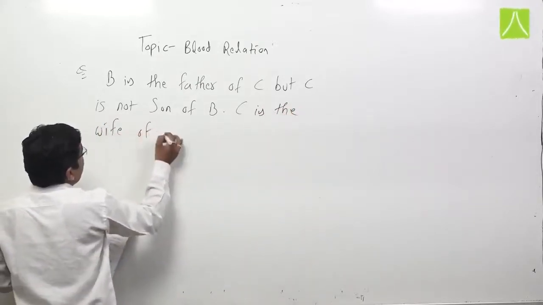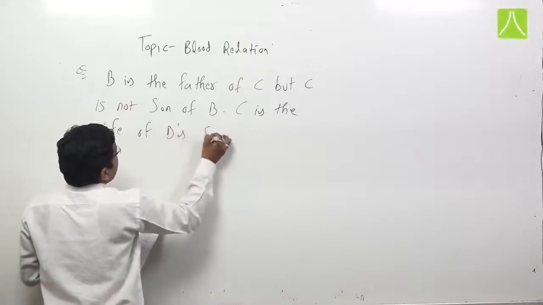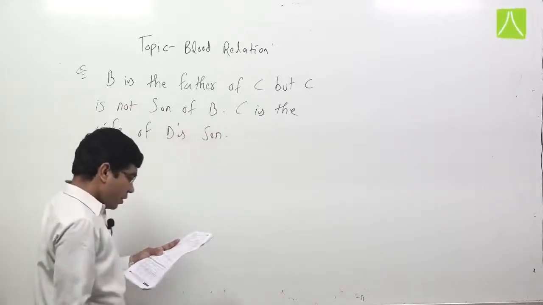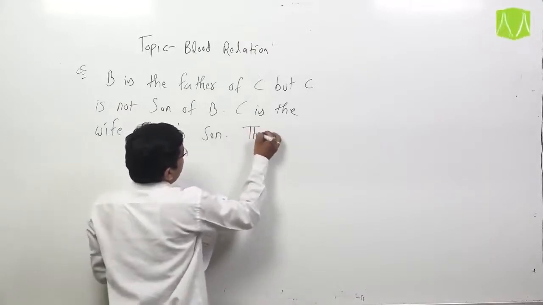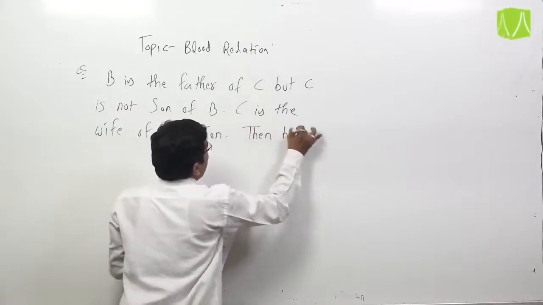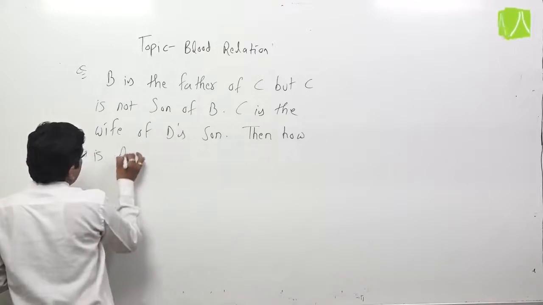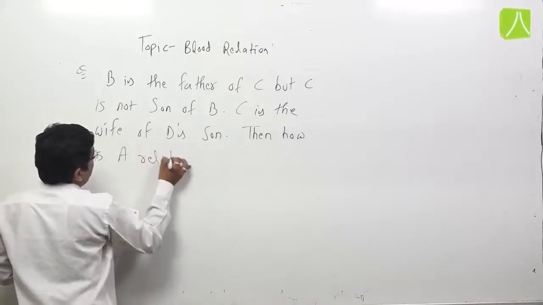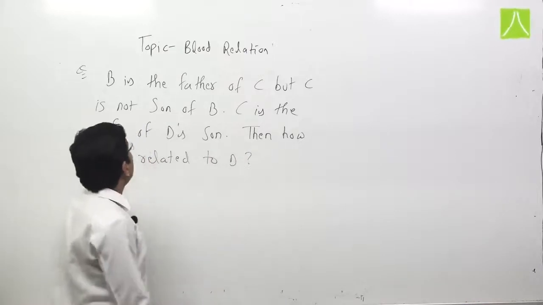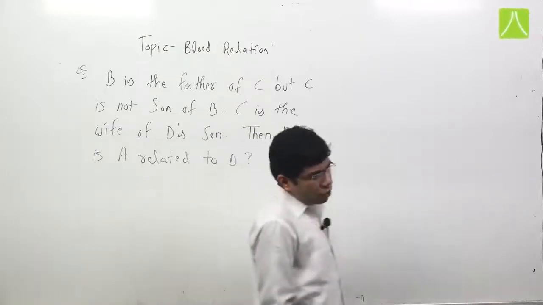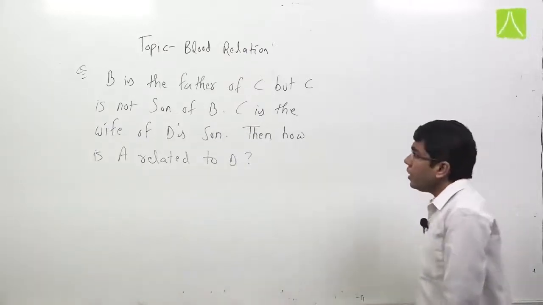Then how is A related to D? Now, according to the question, we have to draw the family diagram.